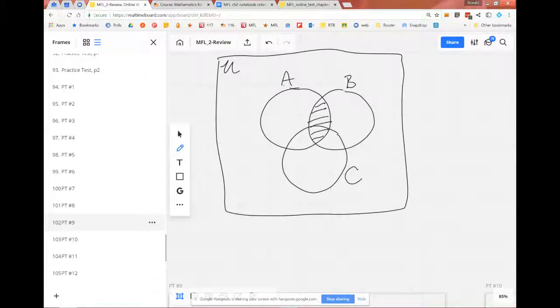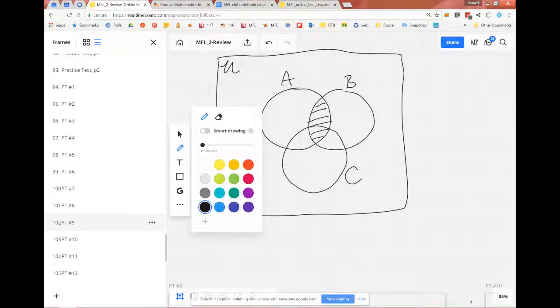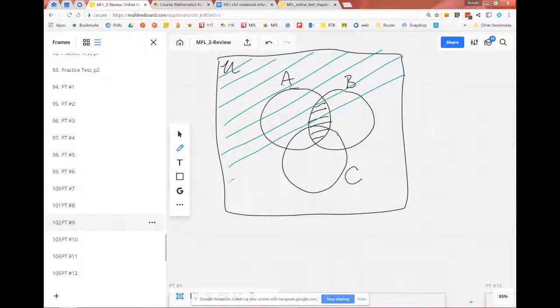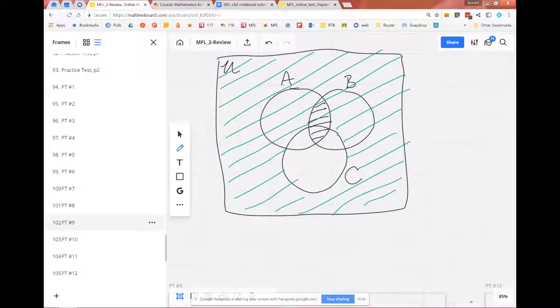Okay, let me use a green color here. So C complement would be right? Yes. So now where does the green overlap the black, where does the green overlap this football shape I had shaded for the first answer?